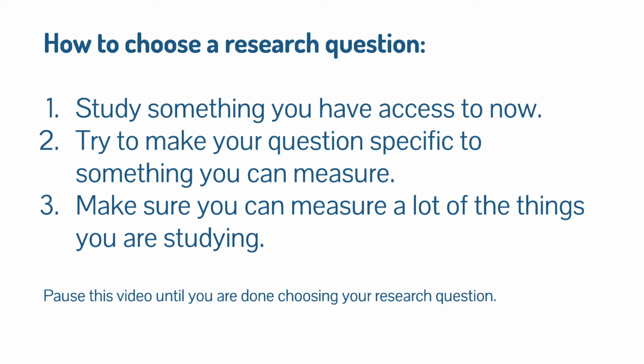The third thing to keep in mind when you're coming up with a great research question is you want to make sure that you can measure a lot of the things you're studying. For example, all the pine trees in my backyard could be a great project, but I also have 1 or 2 shrubs.